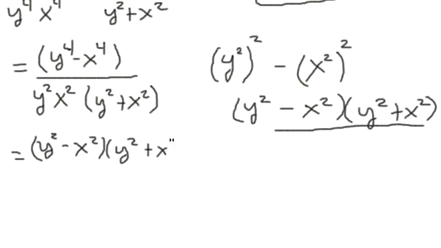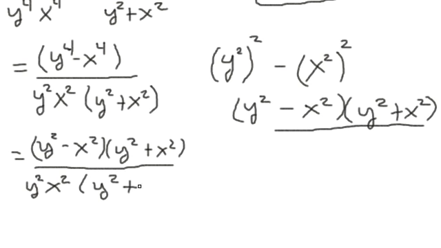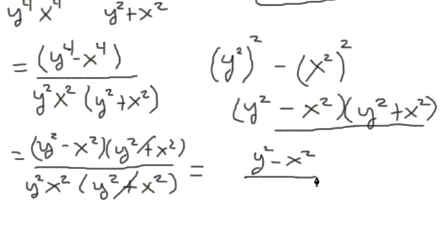Y squared plus x squared over y squared x squared times y squared plus x squared, and of course you see we can cancel those out, and we're going to end up being left with y squared minus x squared over y squared x squared is our final.